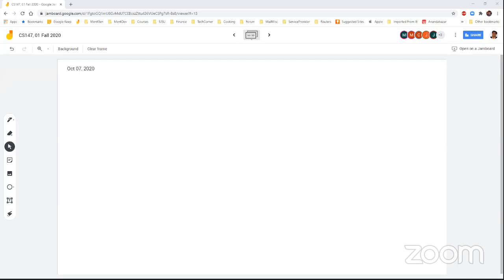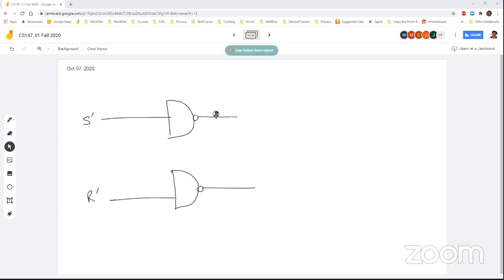The latch itself would look like this: S bar R bar latch. It has the two NAND gates, S bar, R bar, and Q bar.